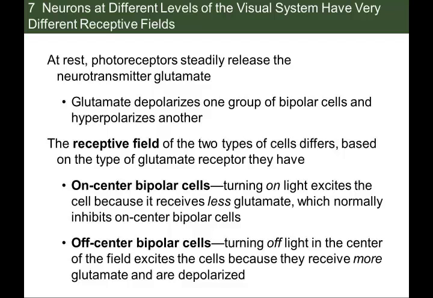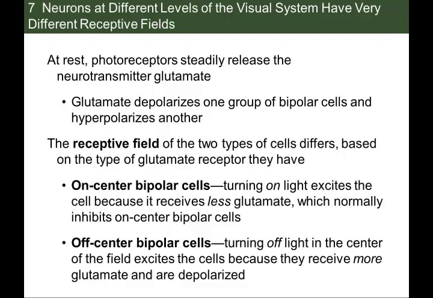For the off-center cell, if the photoreceptor is activated by light, you're going to have less glutamate being released. The off-center bipolar cell is usually excited by glutamate, but now there's less glutamate, so it's going to release less glutamate. So the off-center bipolar cell will end up releasing less glutamate on the ganglion cell.